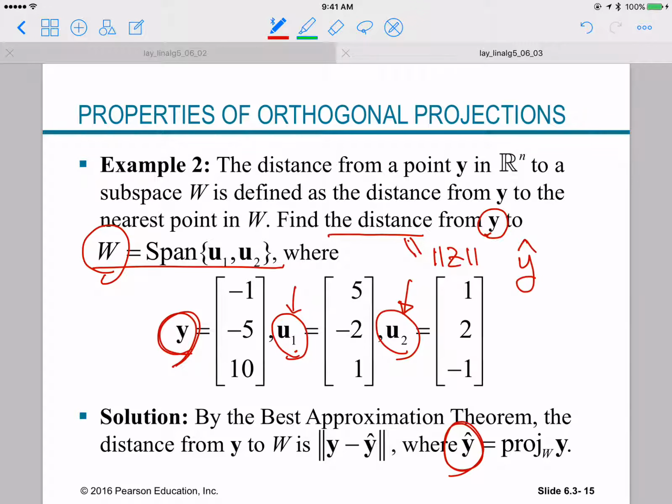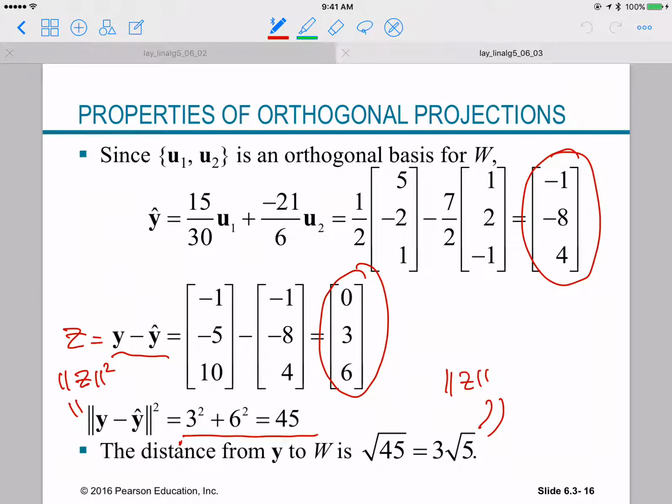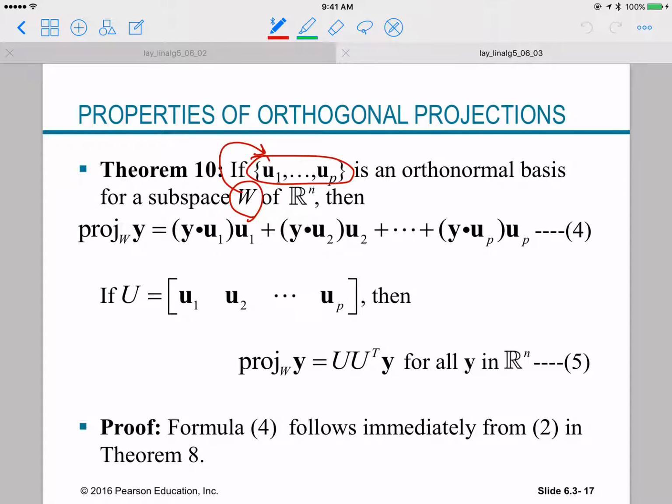In the case of an orthonormal basis, we don't need to have this additional term. Right? Okay.